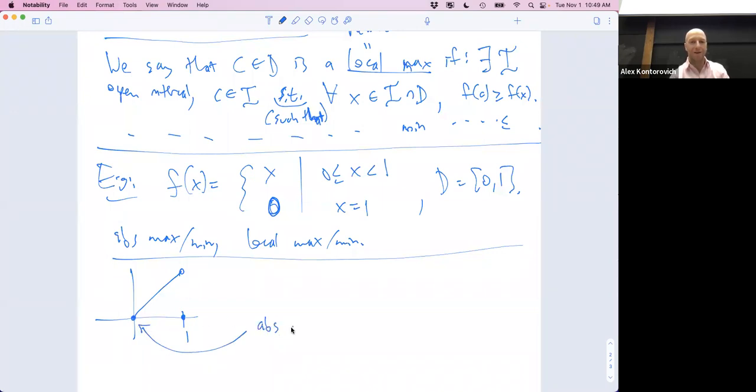I agree. If you're an absolute min, you're automatically also a local min. Absolute min means you're the smallest on everything, and local min means you're the smallest on a sub region. So absolute min and hence local min. And that's it. No other minimum values.